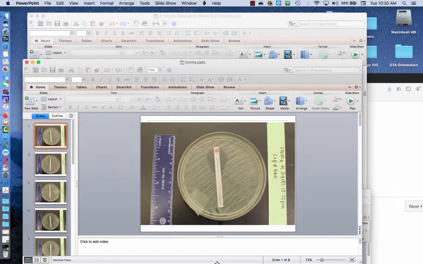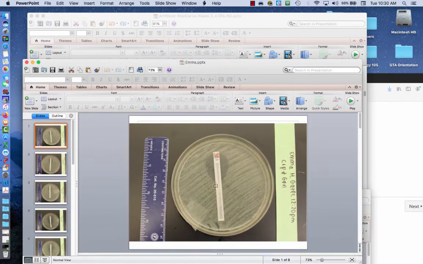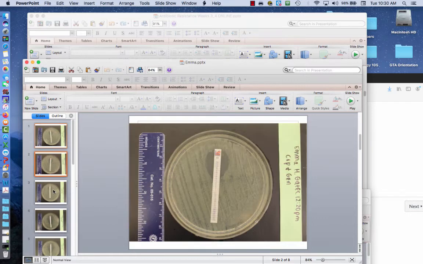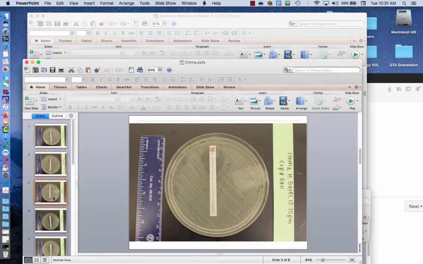In this example, it looks to me like it intercepts right around between 8 and 12, so I would read that as maybe about 10, and I believe that's micrograms per milliliter.